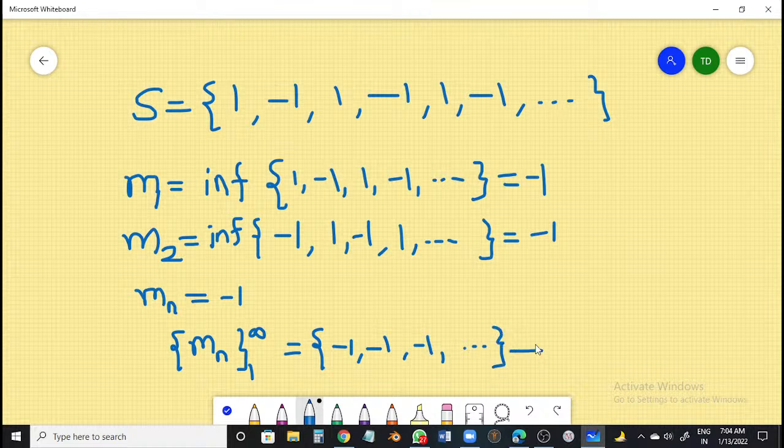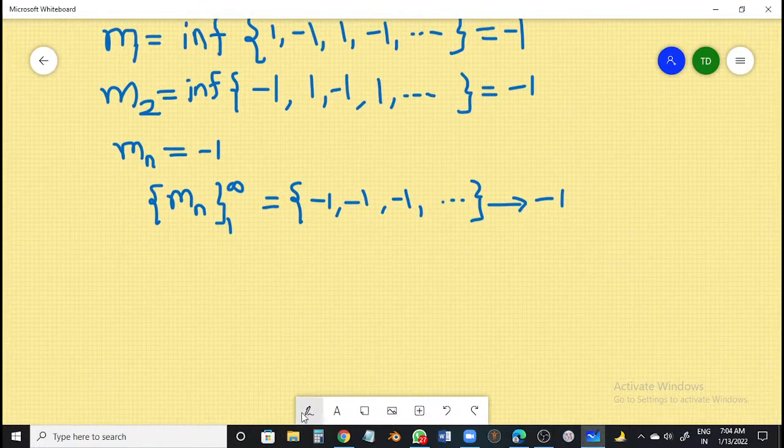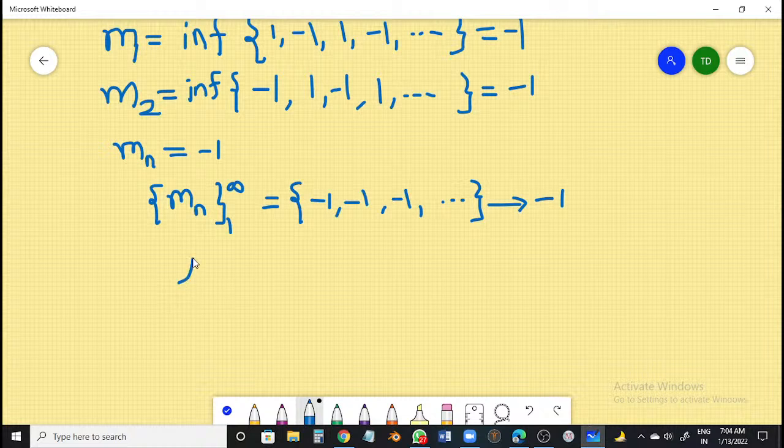So it will converge to what? -1 only. And if it converges to -1, its limit is -1. So naturally, limit inferior, we call this the limit. I said it is a dual concept. So limit inferior will be -1.